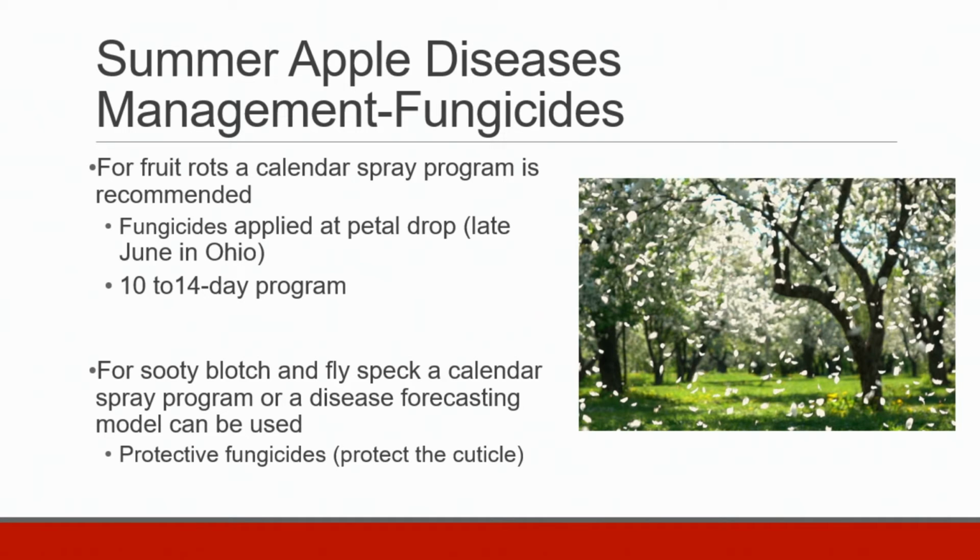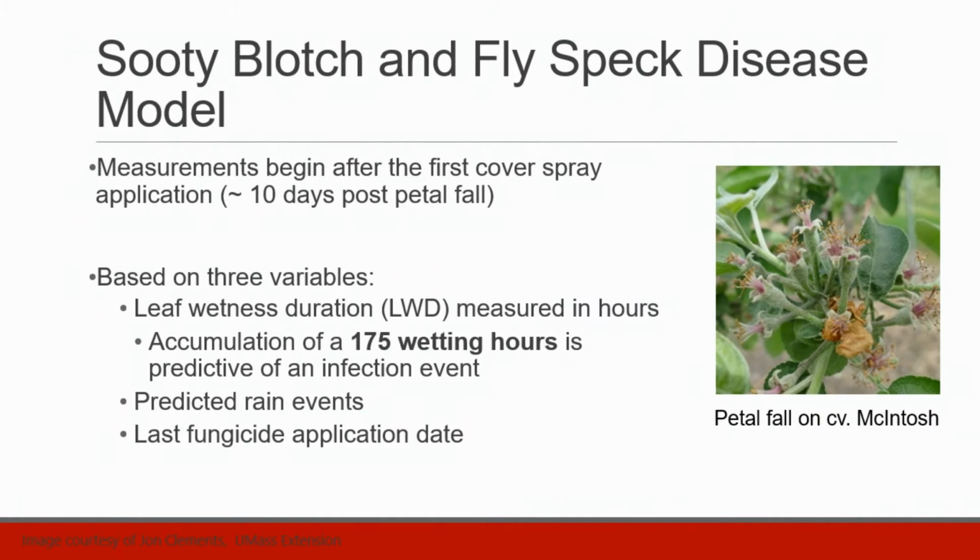However, a disease forecasting model is also available. This model can improve fungicide efficiency, and we'll look at the model in a bit more detail. So the model is used to determine when the next fungicide application is made after the petal fall application is made.